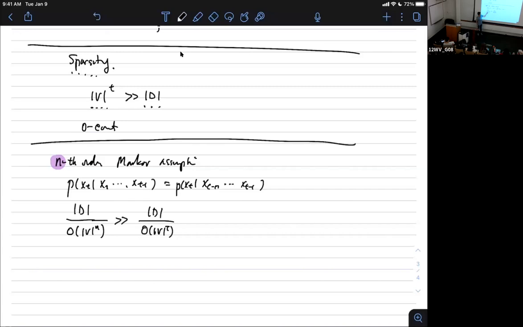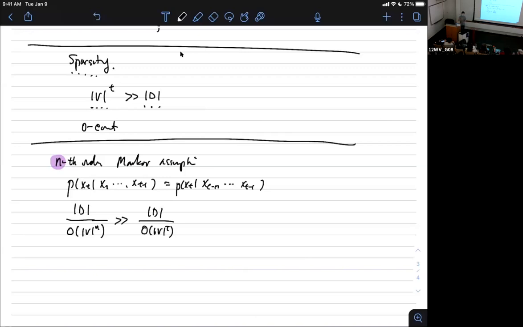It's like d over the size of the vocabulary to the power of, let's say, 2 or 3, versus originally, without this assumption, d over the size of the vocabulary to the power of, let's say, 23 or 26. The difference is humongous. By choosing a small n, we can actually control this sparsity.